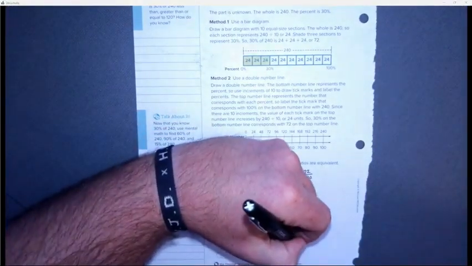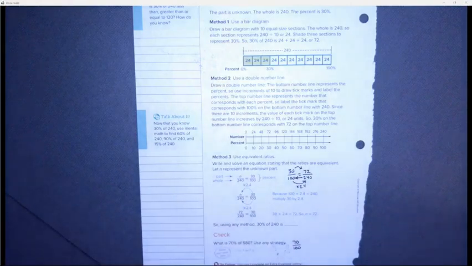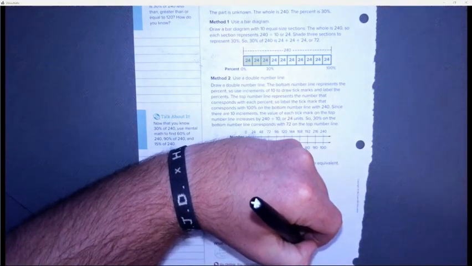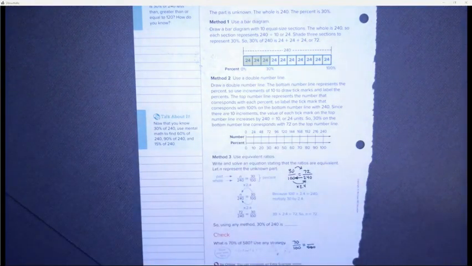I'm going to use equivalent ratios. So I know 70% is the same as 70 over 100, because 70 per 100. And I'm finding 70% of 580. So of 580 tells me it's my whole. So in my equivalent ratio, I'll put 580 as my denominator.